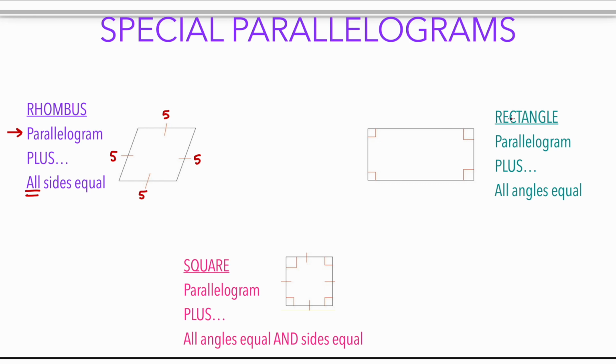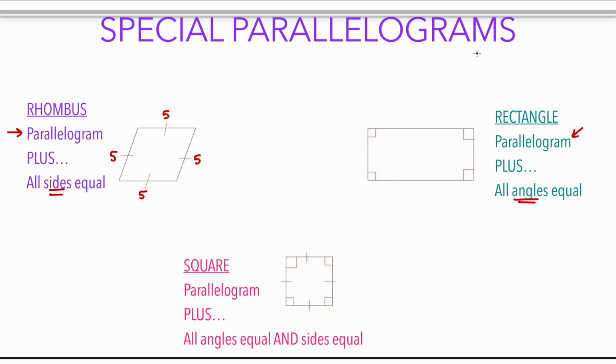In a rectangle, again, it has everything that a parallelogram has: opposite sides parallel, opposite sides equal, opposite angles equal, plus all angles are equal. So in a rhombus, you have all sides equal, but in a rectangle, you have all angles equal.